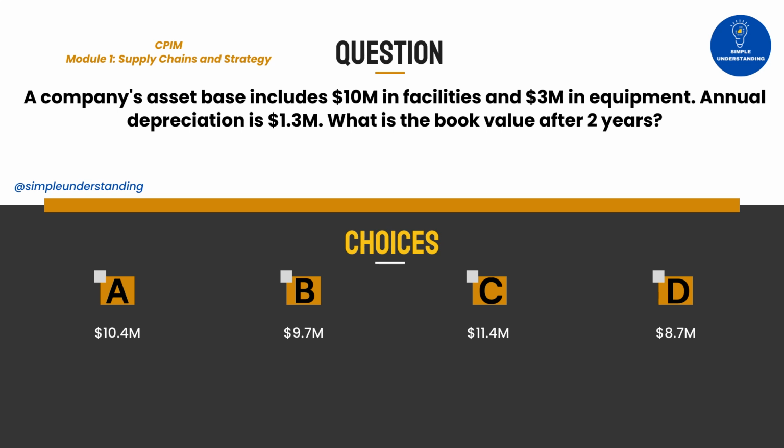Question 29. A company's asset base includes $10 million in facilities and $3 million in equipment. Annual depreciation is $1.3 million. What is the book value after 2 years? A. $10.4 million. B. $9.7 million. C. $11.4 million. D. $8.7 million.